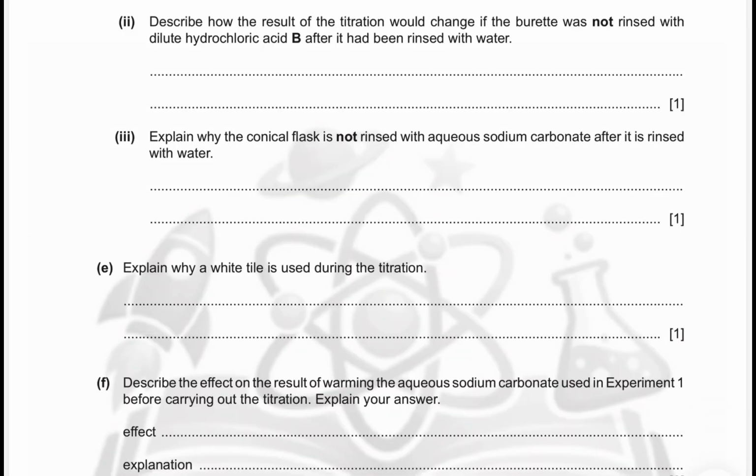Next question. Describe how the result of titration would change if the burette was not rinsed with dilute hydrochloric acid B after it had been rinsed with water. So if the burette is only rinsed with water and if we start the titration, we will require a large volume of acid. So a large volume of acid will be required.